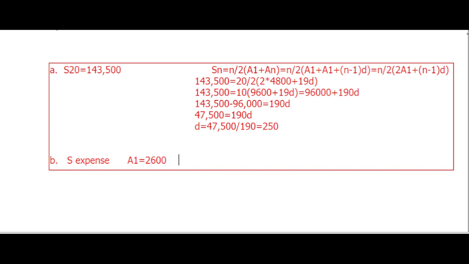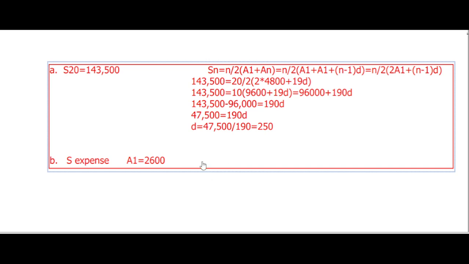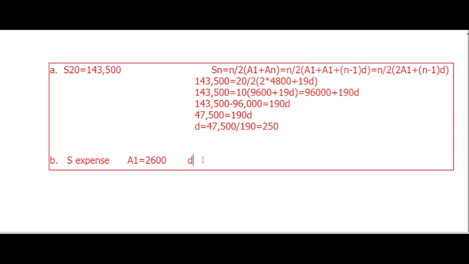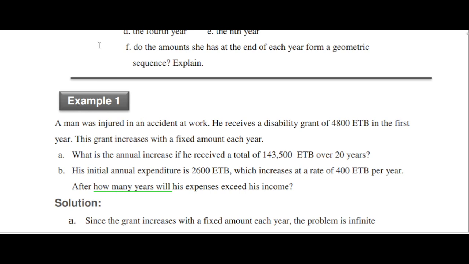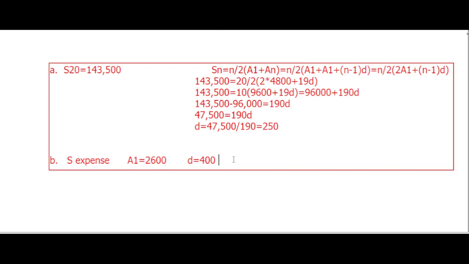The other thing given here, which increases at a rate, is the common difference d. We have d equal to 400. Now let's compute what we want to find, the n value.